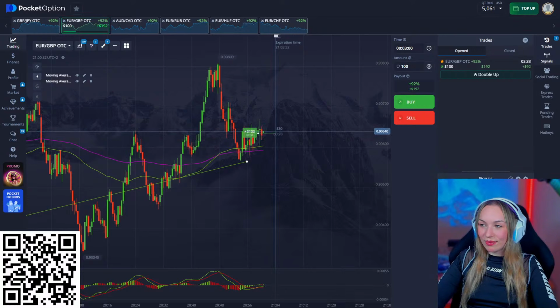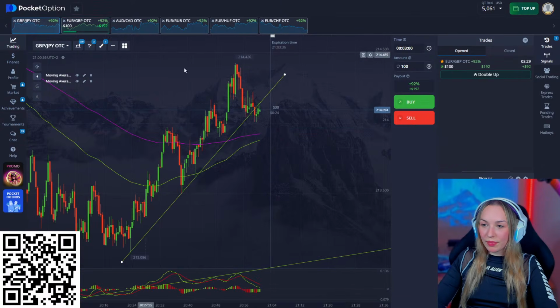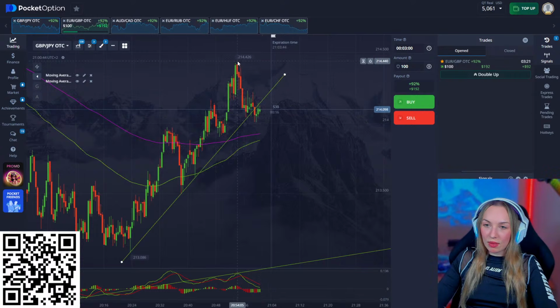So let's check again GBP JPY. Well, it looks like it started to go up again. But at the same time, if we are watching from here, it's going down.